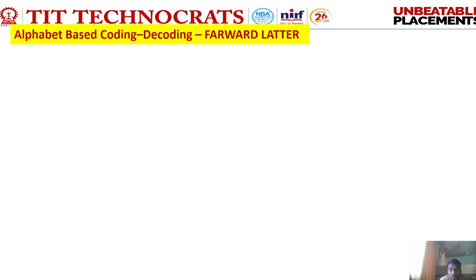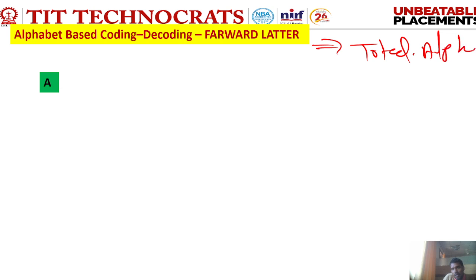Firstly, you should remember the number of each alphabet. The total number of alphabets is 26, and you should remember each of the 26 numbers.